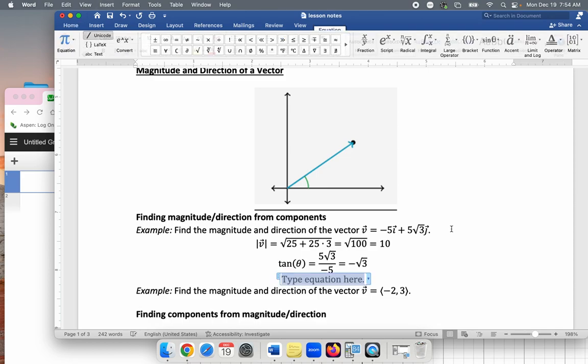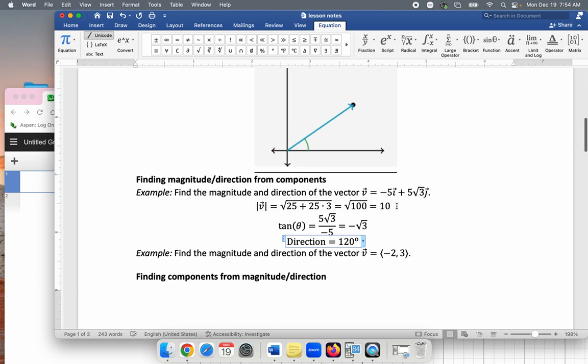So the direction is 120 degrees. The magnitude of this vector is 10, and it's pointing in the direction 120 degrees. So that's magnitude and direction of a vector.